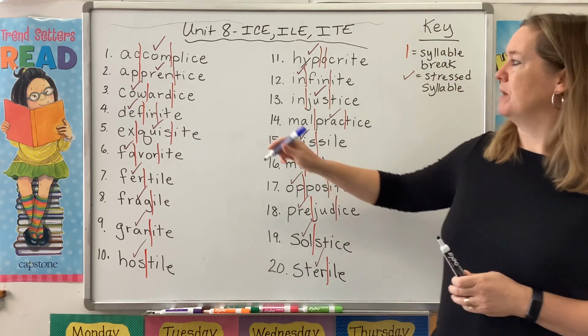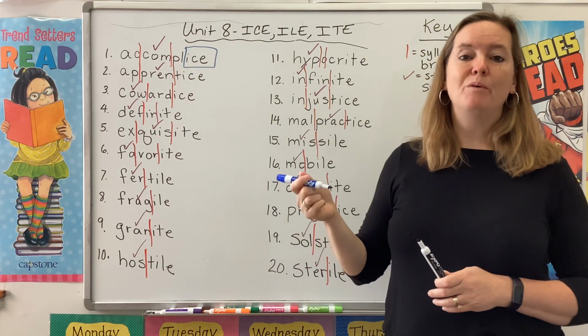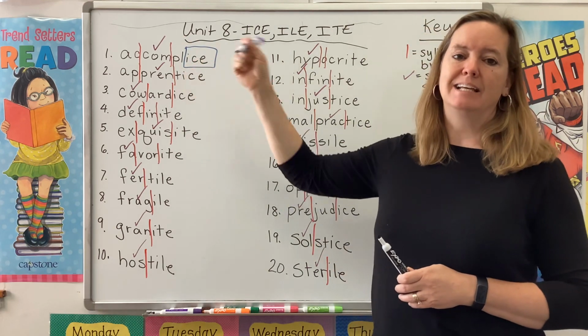So let's start though with the ICE in accomplice. Notice it's not saying "ice," it's saying "is."